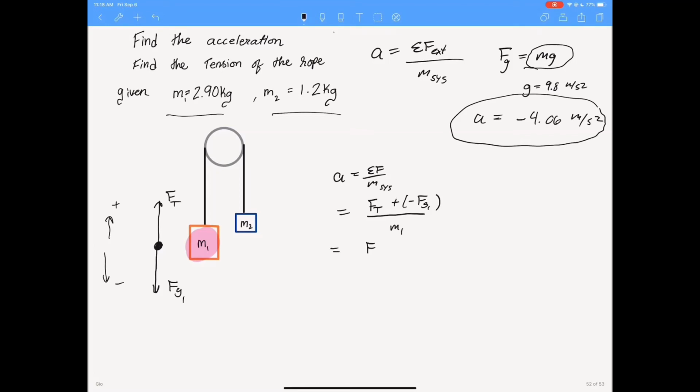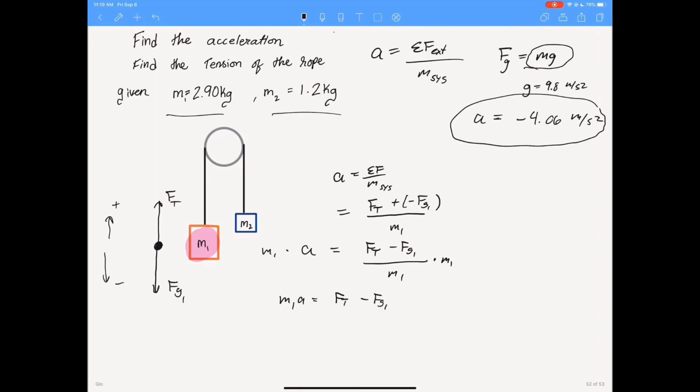So this is Ft minus Fg1 over m1 equal to a. We want to find the tension force, so we'll isolate Ft. Multiply by m1, and we have m1a equals Ft minus Fg1.